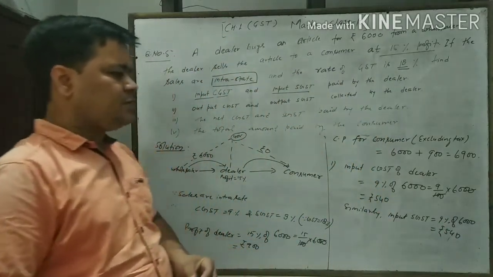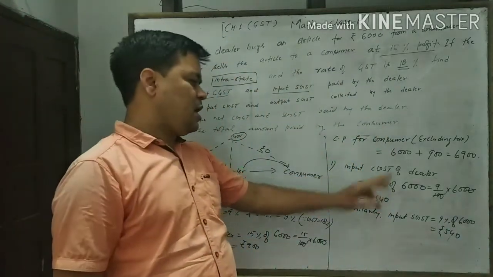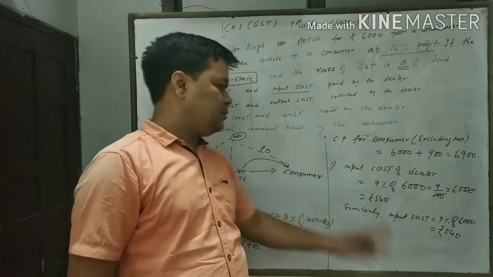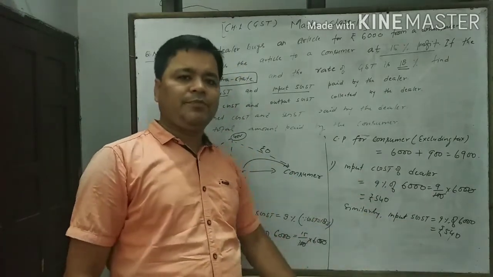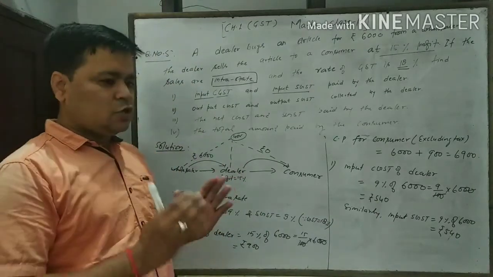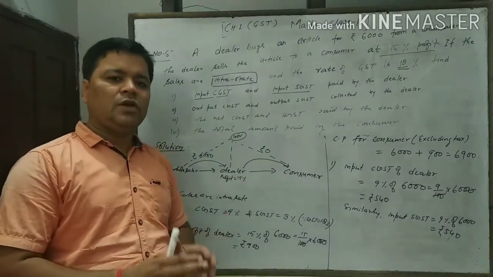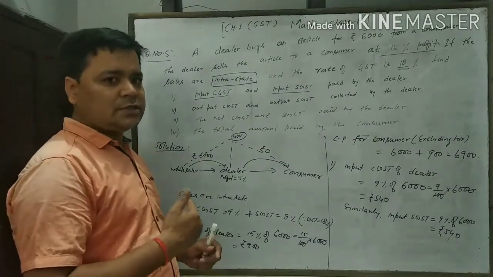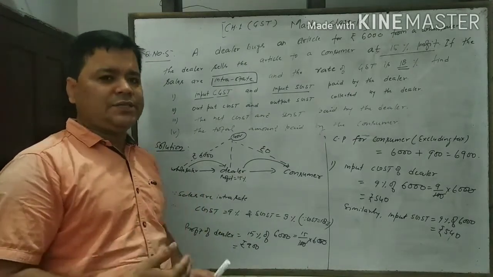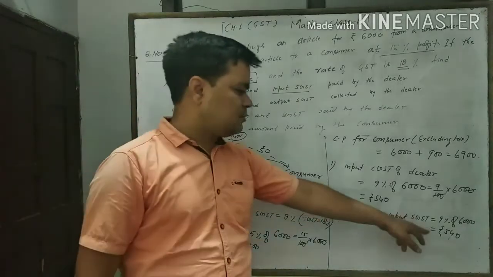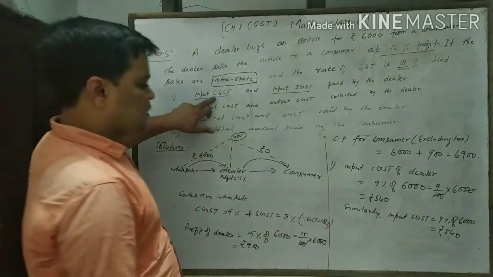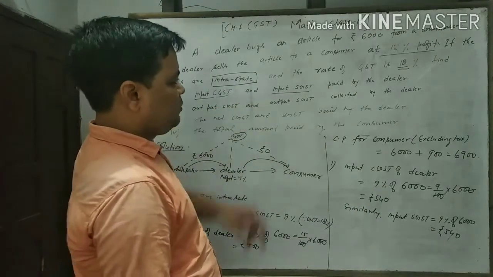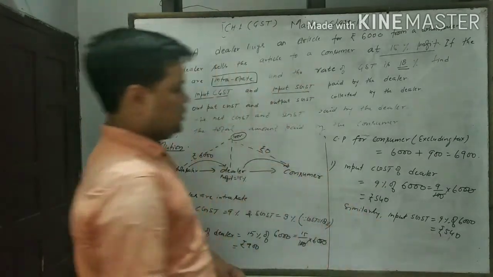Means in this case CGST and SGST will be same, because the total amount of tax will be divided in two equal parts for central government and for state government. So this is the answer of the first question. Input CGST will be 540 rupees and input SGST will also be 540 rupees.